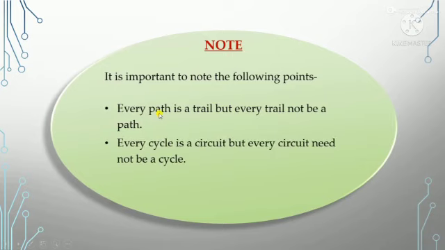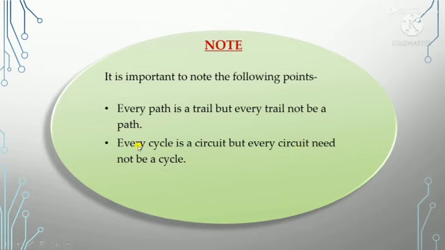Next one is: every cycle is a circuit, but every circuit need not be a cycle. Same here, because in a cycle, neither edges nor vertices may be repeated. But in a circuit, vertices may be repeated but not the edges.